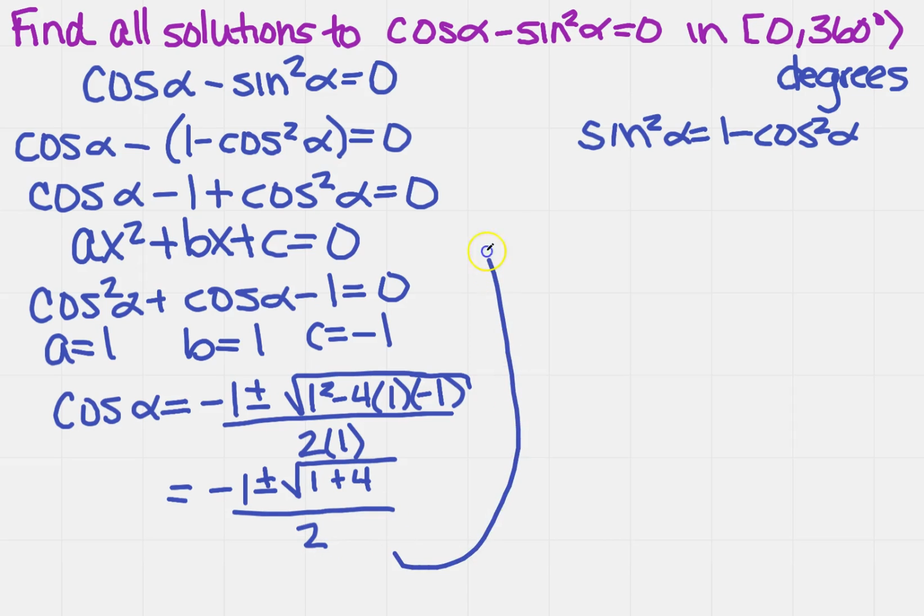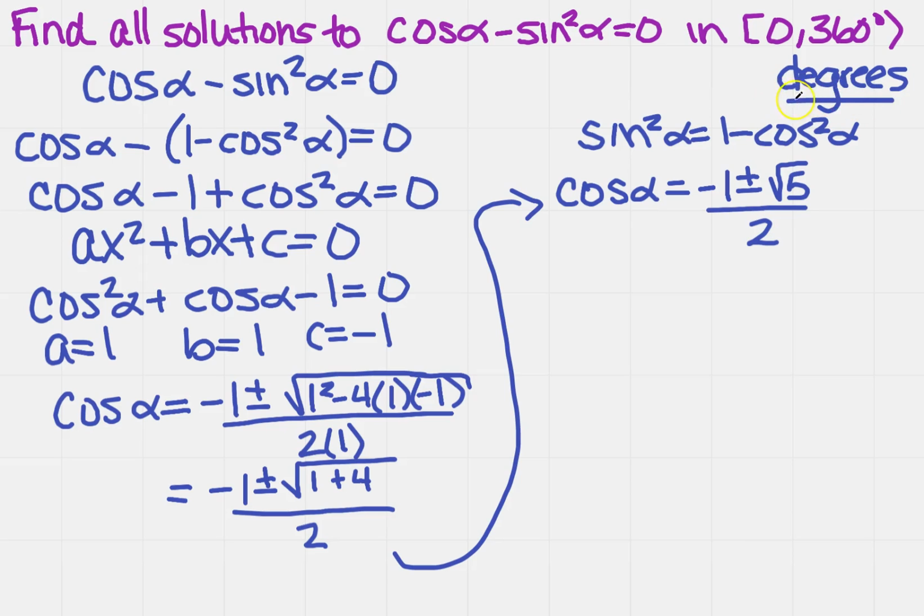I'm going to continue it over here on the other side so that you can see exactly what I'm doing. When we're all finished simplifying, the cosine of alpha equals minus 1 plus or minus the square root of 5, all over 2. Okay, not so bad. Now, we started in degrees. Remember I made a big point about putting that in the upper right-hand corner of this video.